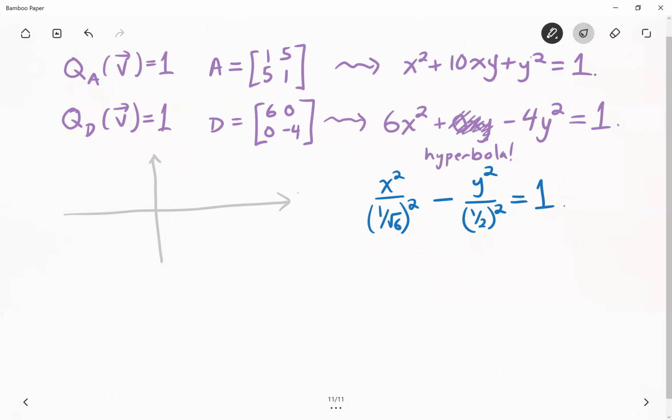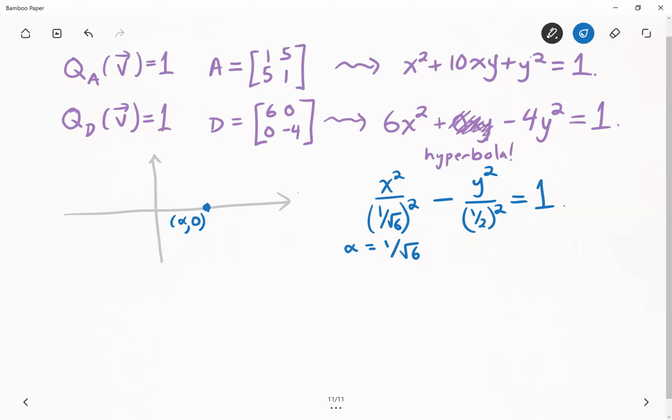It's not going to be a perfect graph, but we can definitely make some progress. So radical 6, let's see, that's about 2 point something. Since it's 2 point something, that's going to be a little less than 1/2. And so maybe I'll draw that point right here. Let's label alpha equals 1 over radical 6 to make this diagram a little less cluttered. So this is alpha, 0.